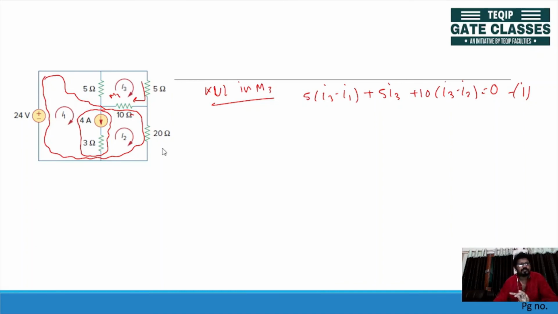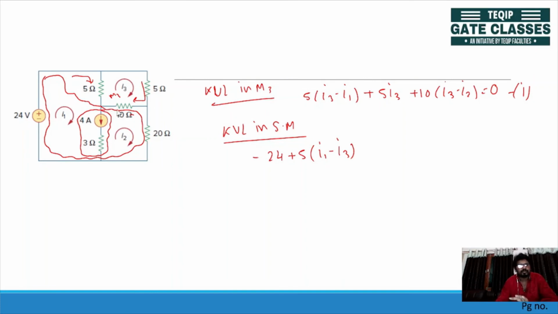Okay, so let's apply the KVL in the super mesh. Start from here. So minus 24 plus 5(I1 minus I3). We are traveling like this, so the path is supporting I1 and I3 is opposite, so we take I1 minus I3.